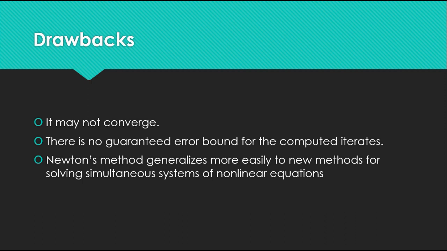Another drawback of the secant method is there is no guaranteed error bound for the computed iteration. It may be greater, it may be small, but there is no guaranteed error bound, as there is for the Newton-Raphson method and the bisection method.